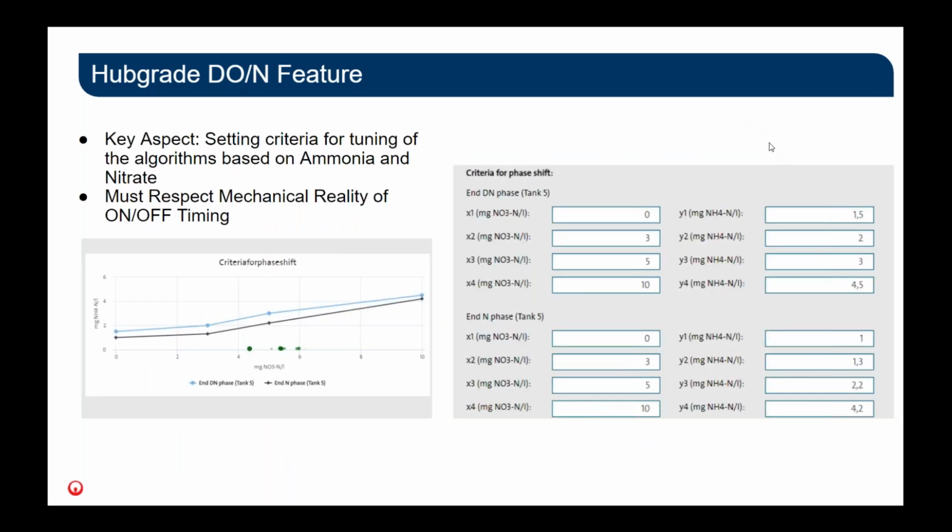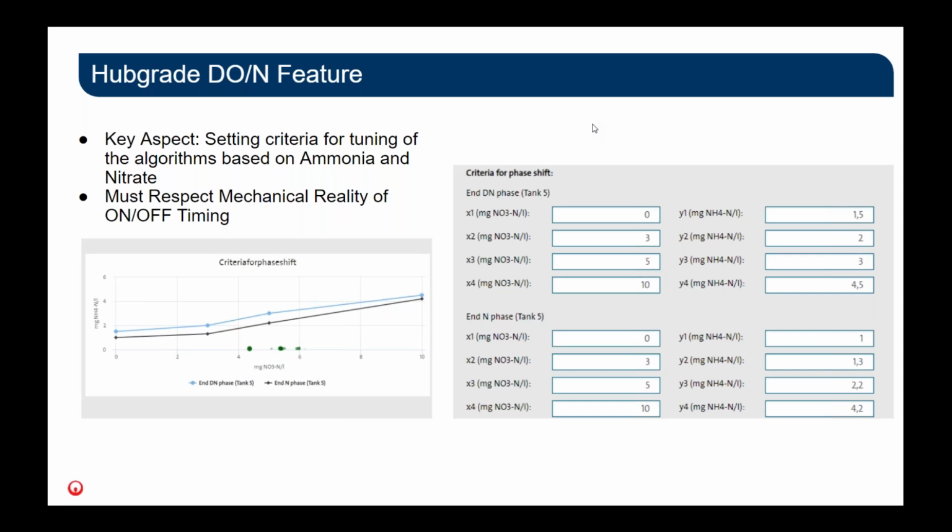A key aspect of that is tuning of the algorithms and defining, for the phase control, aerobic and anoxic phasing in the reactor, how the system functions on those two ends, essentially setting the boundary conditions.